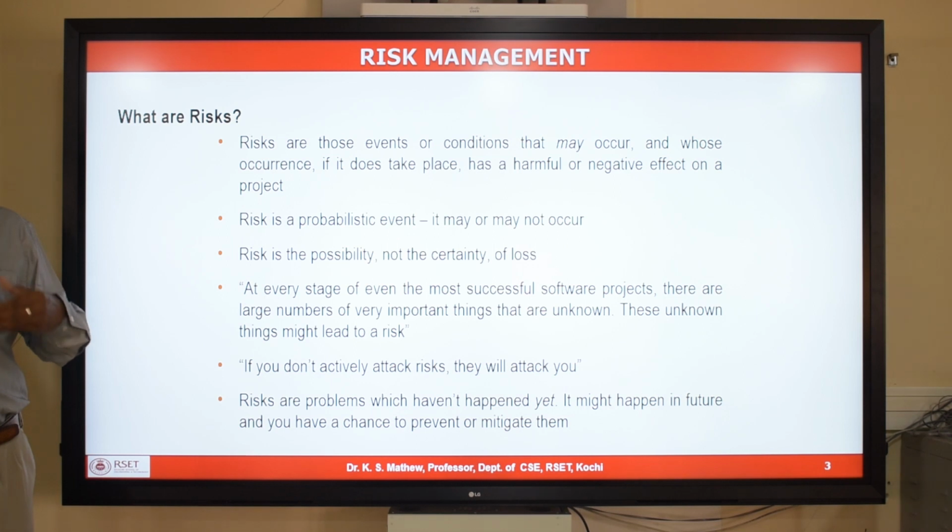So now you have an opportunity to take action to either eliminate the risk completely or mitigate its impact, so that you can make your project successful. That is what is done as part of project management. And if you don't attack the risk, the risk will come back and attack you, and your project will fail.